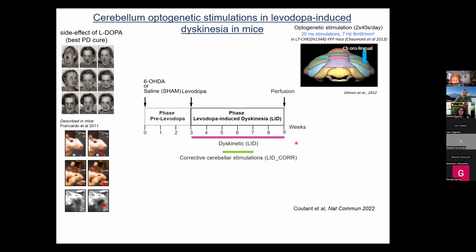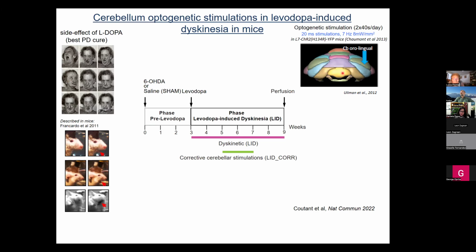Then we perform the same stimulation as the one done in humans, so 2 weeks of cerebellar stimulation at theta rhythm, but in this case, we use optogenetic stimulation of Purkinje cells specifically, because we don't know what the target of the transmagnetic stimulation is. And also we have the specificity of the orolingual zone in the cerebellum, which is the Crus II area, because we are looking at orolingual dyskinesias.